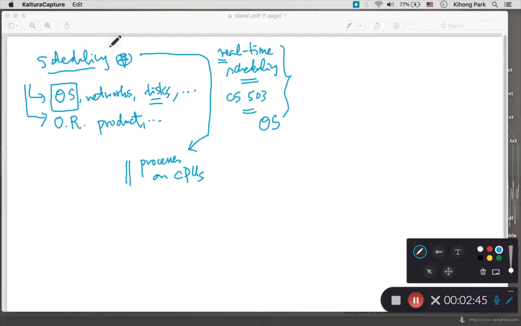So this is a very broad topic, and here we are trying to understand our niche of using CPUs as our resource. So the resources can be diverse on which we perform scheduling. We want to know, on CPUs where we have a bunch of processes that need to share the CPU or CPUs, what are the things that come into play that make OS scheduling different from other domains.